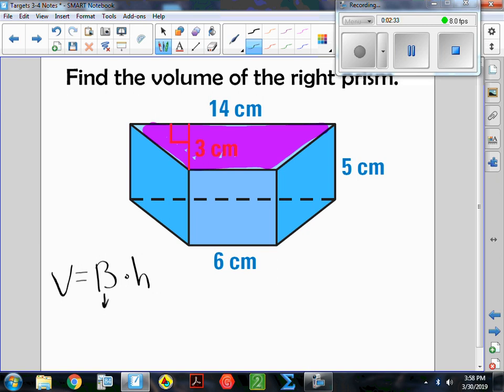This is a trapezoid, so for this problem, the area of the trapezoid formula is 1/2 times base 1 plus base 2. This 6 is the same right here, so 6 is one of my bases of the trapezoid. 14 is a base of the trapezoid. So 1/2 base 1 plus base 2 times the height of the trapezoid, which is 3. That's just the trapezoid.